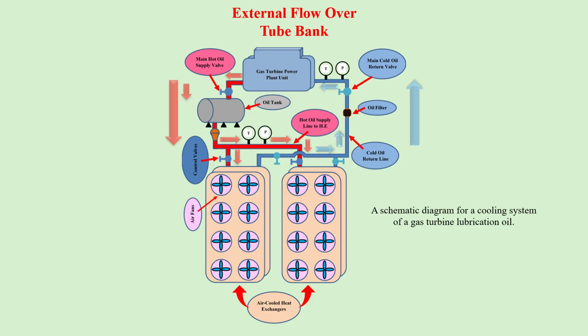Here, the red arrow describes the hot side where the oil is withdrawn from a tank, passed through two heat exchangers, and then the cold side is presented by the blue line, where it is leaving the heat exchangers and returning back to do the lubrication objectives.